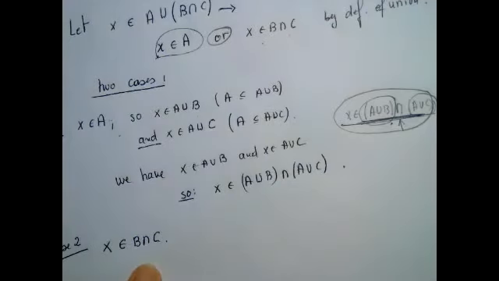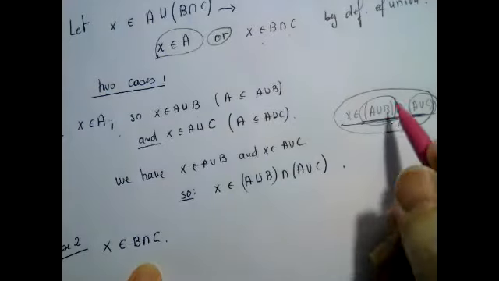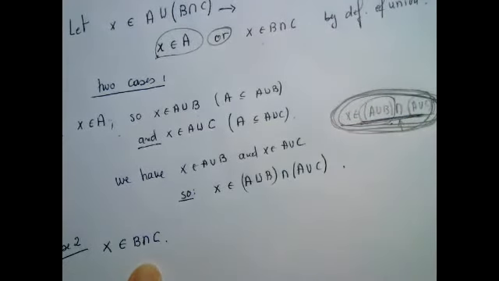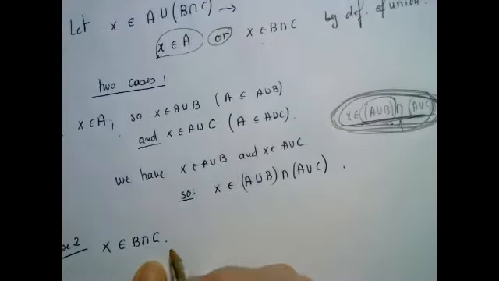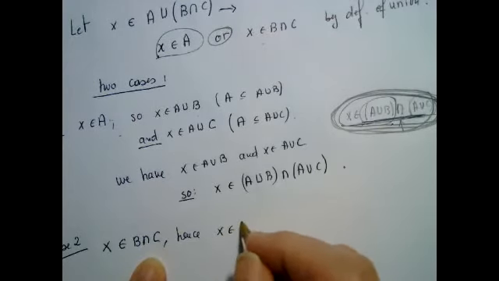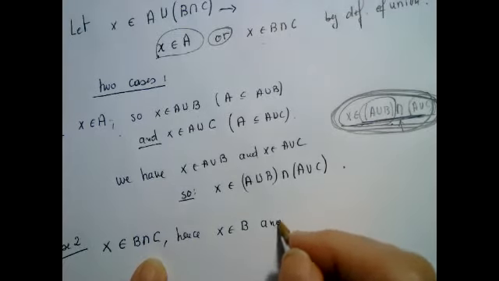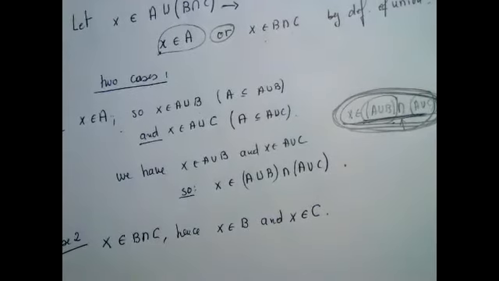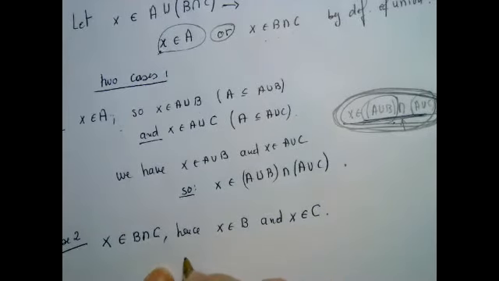Because X is in B intersect C, X will be in B and X will be in C. Very good. Proceed. That's why X will be in A union B and X will be in A union C.